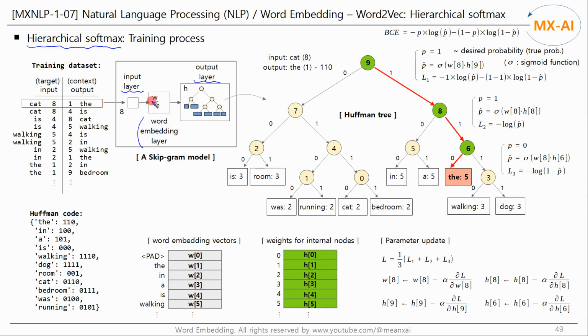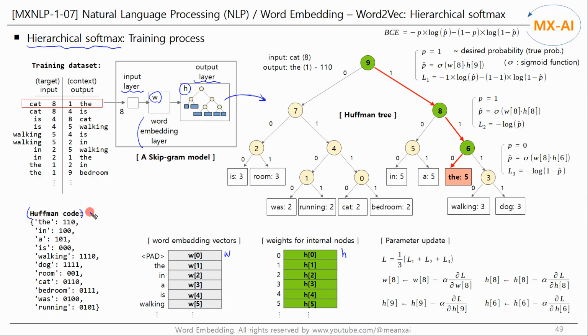Let the set of trainable parameters of the word embedding layer be W, and the set of trainable parameters of the output layer, i.e. Huffman tree, be H. An example of a Huffman tree of the output layer is as follows, and the Huffman code for each word is as follows.